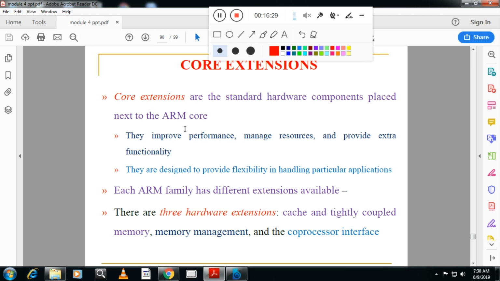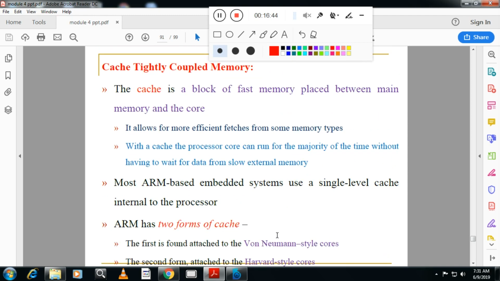Core extensions are standard hardware components placed next to the ARM core. There are three hardware core extensions: cache and tightly coupled memory, memory management, and the last one is the coprocessor interface.